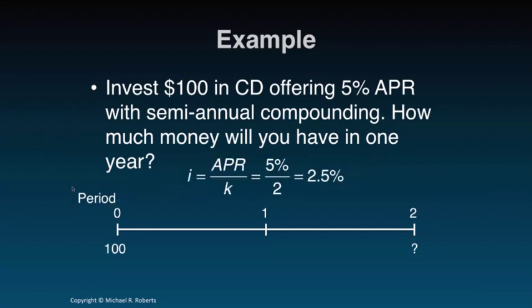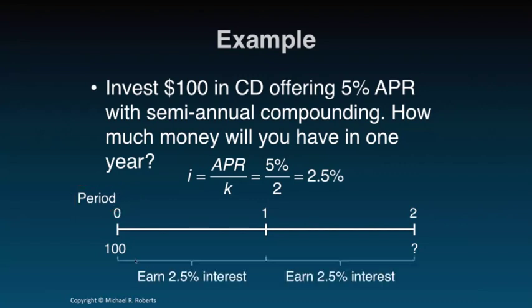So if I'm going to work in periods, I better compute a periodic discount rate. That's I, which we know is APR over K, and which in this case reduces to 2.5%. In other words, I'm going to earn 2.5% over the first 6 months. Then I'm going to earn 2.5% over the next 6 months.